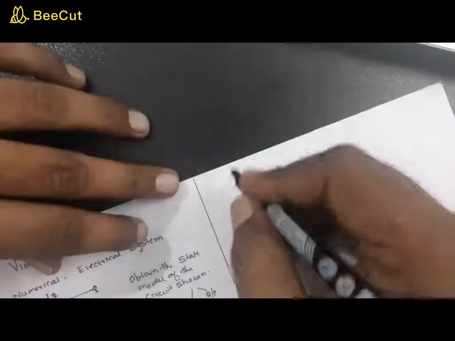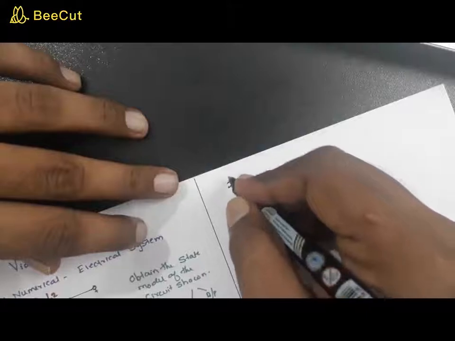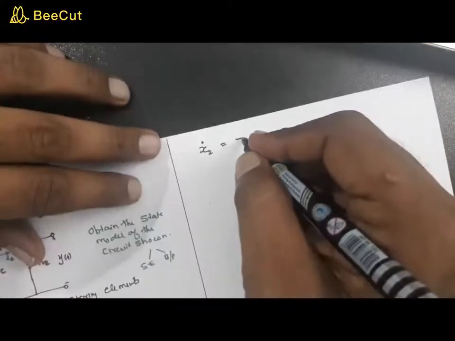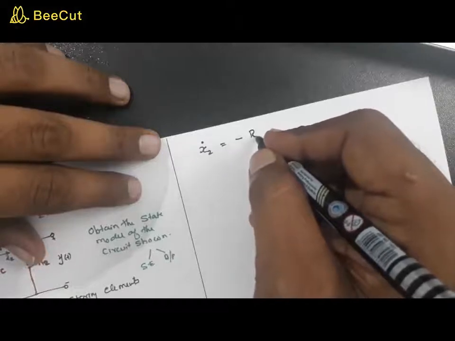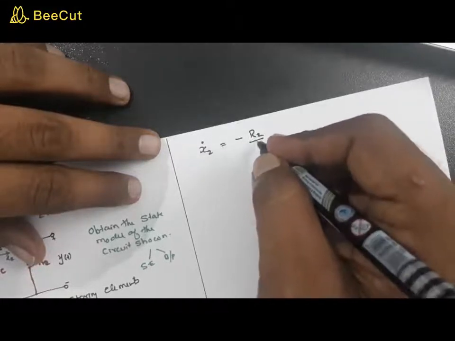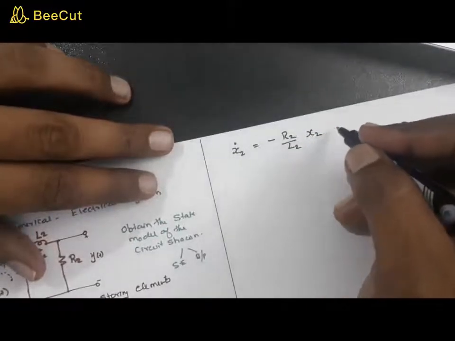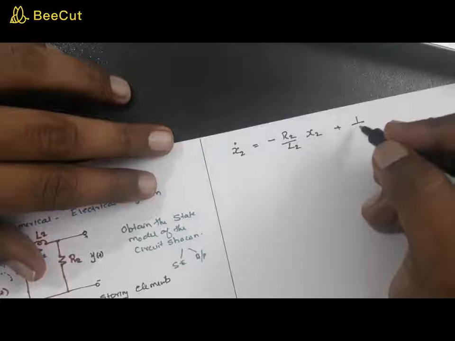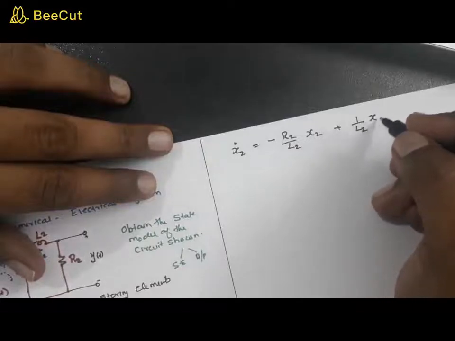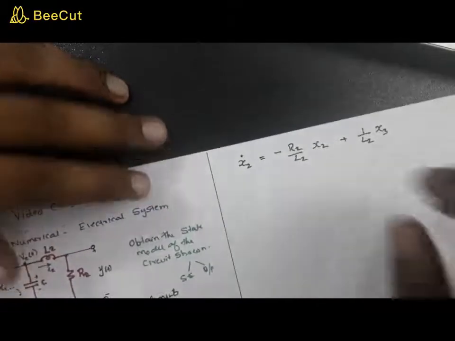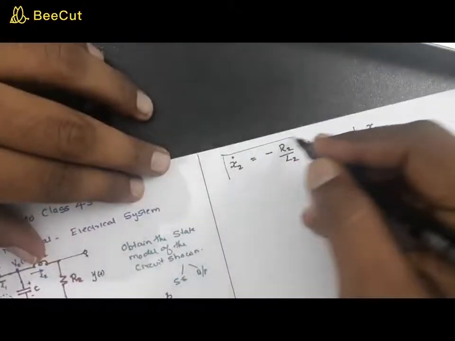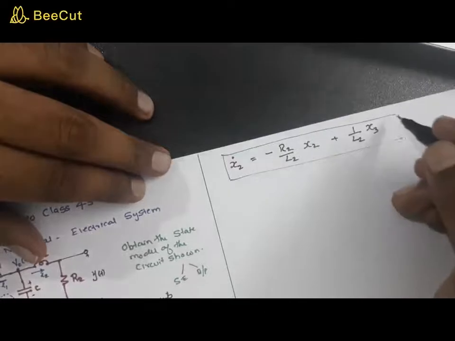So from that equation, we get x2 dot as minus R2 divided by L2 into x2 plus 1 by L2 into x3. So that's your x2 dot, the second part of the state equation.